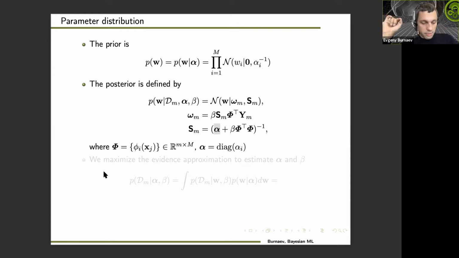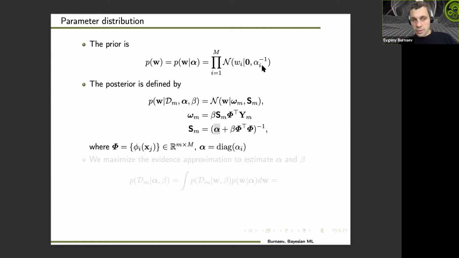So let me remind you that yesterday I explained that instead of using the standard approach from machine learning, that is cross-validation, to tune the unknown hyperparameters, that is the parameter alpha and the parameter beta, we can calculate so-called evidence function, and we can optimize the evidence with respect to alpha and beta so that without using cross-validation, without using any separate validation or test sample, we can estimate values of these hyperparameters and construct the Bayesian model.